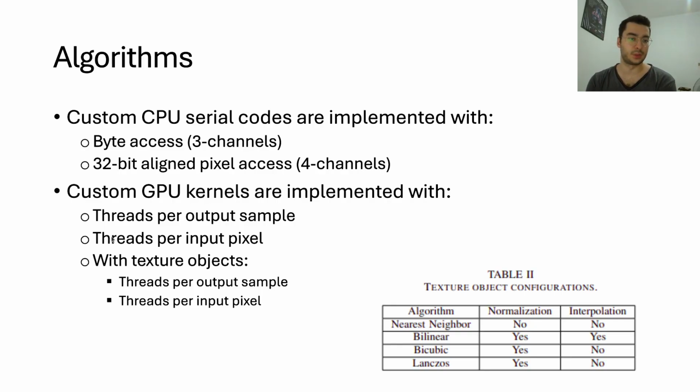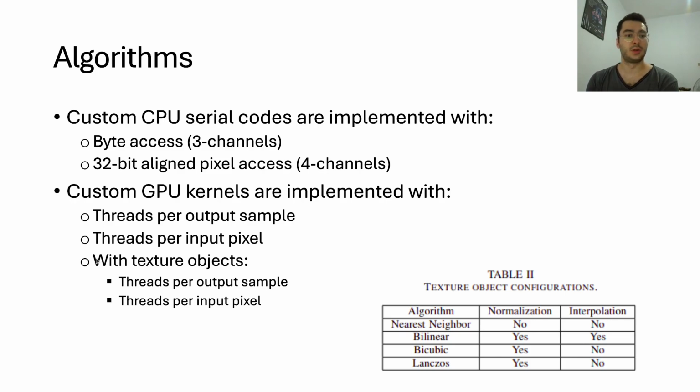So this way, each thread would load once from memory, but do several output sample calculations, which was better.